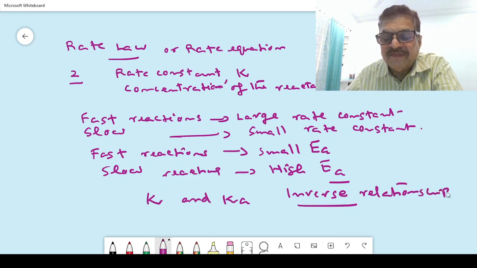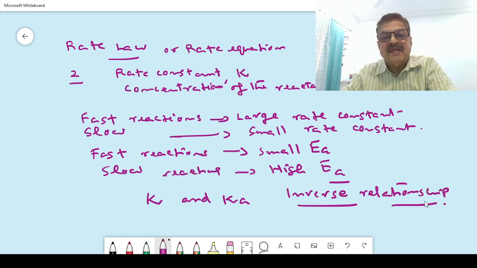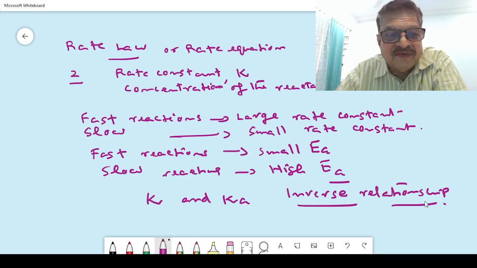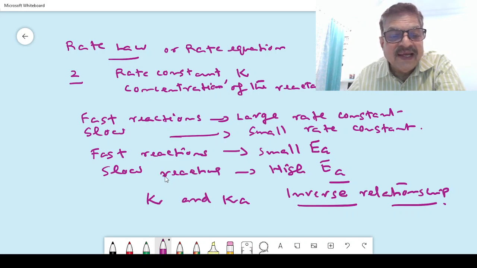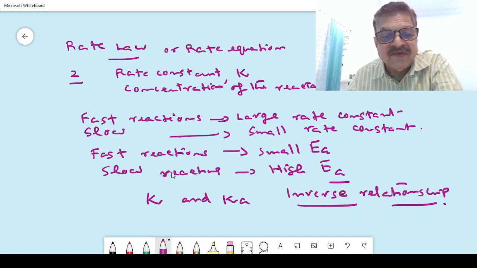Getting the point? Fast reactions will have a large rate constant and a small EA. Slow reactions will have a small rate constant and a high EA. Therefore, for the rate constant K and EA, as one increases, the other will decrease. They are inversely related.